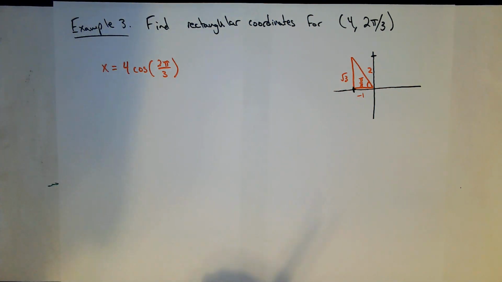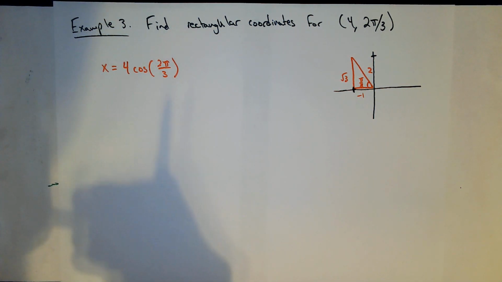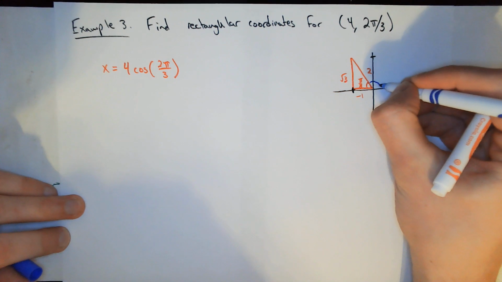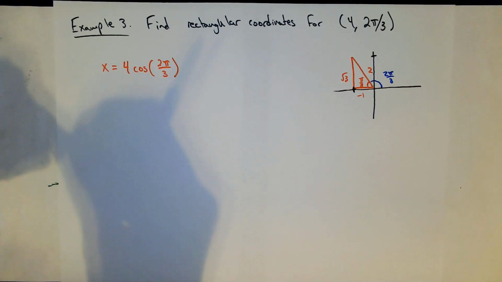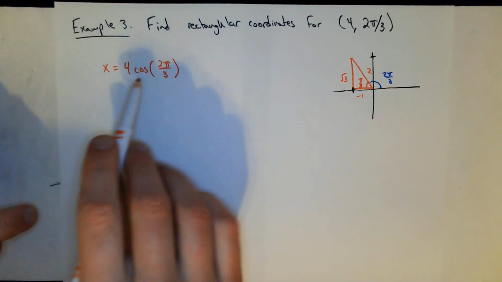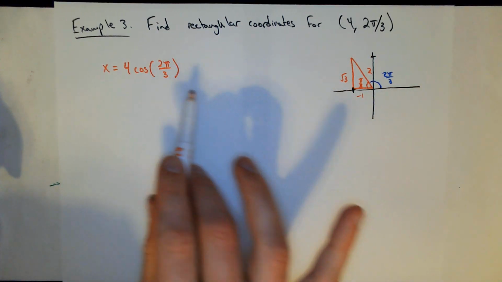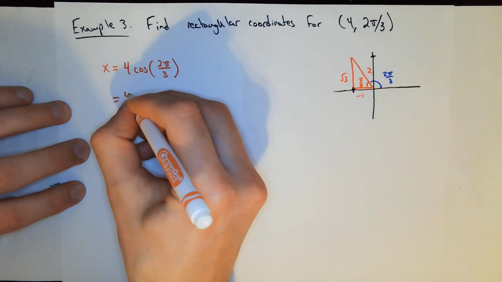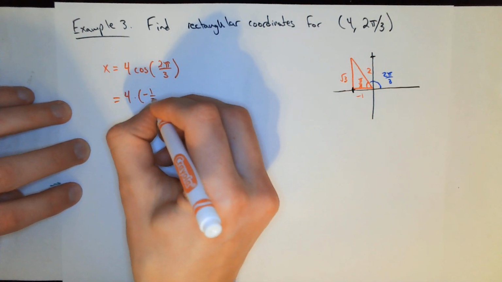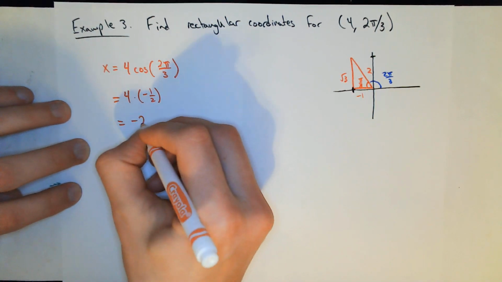Okay, and then of course the angle of 2 pi on 3 is right here. So long story short, cosine of 2 pi on 3 is -1 over 2. So we're getting 4 times -1 over 2, which of course is -2.